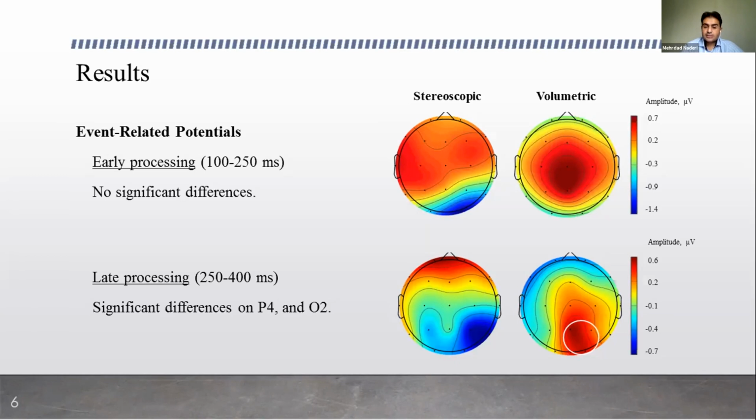Moreover, the analysis of the late processing showed considerable difference in the activity on P4 and O2 electrodes, mostly here. The ERP range of 250 to 400 milliseconds reflects cognitive processing during depth perception.